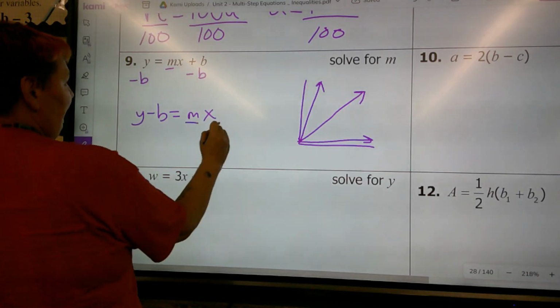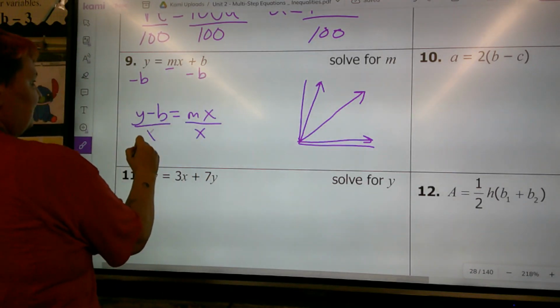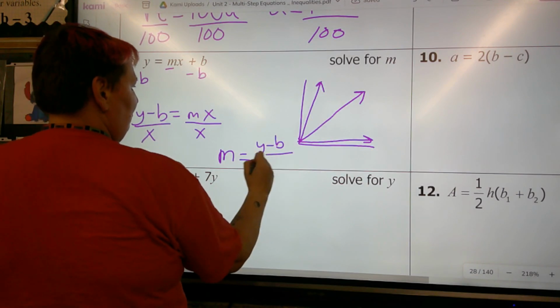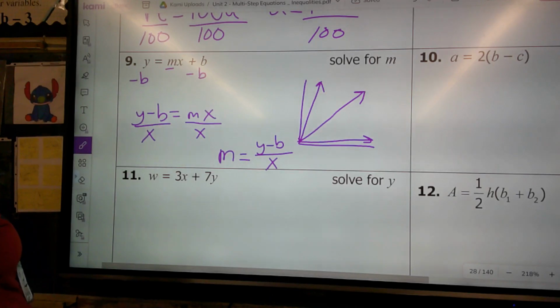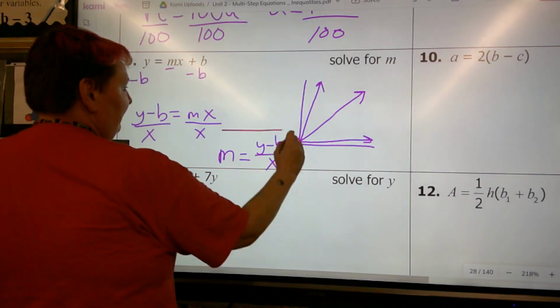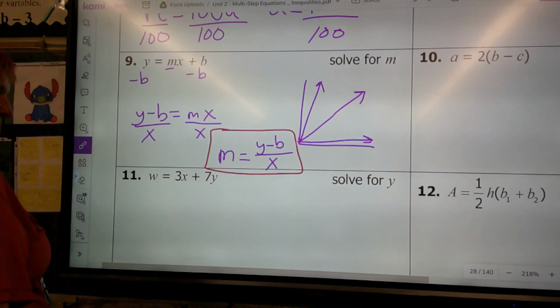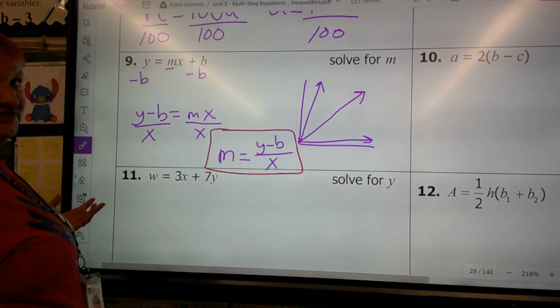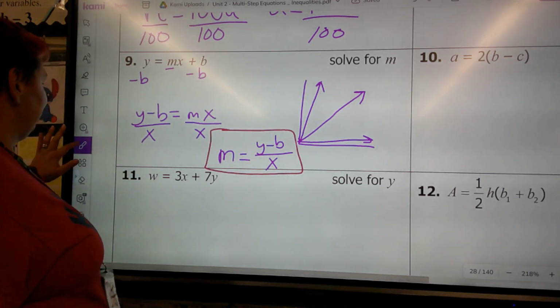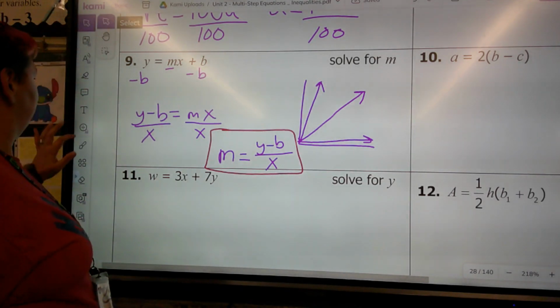We're solving for m, so divide by x. So m equals y minus b over x. We need to get in the habit of putting a box or a circle around our answer. Otherwise, I don't know what your final answer is. I forget sometimes, but you need to remember to do it.